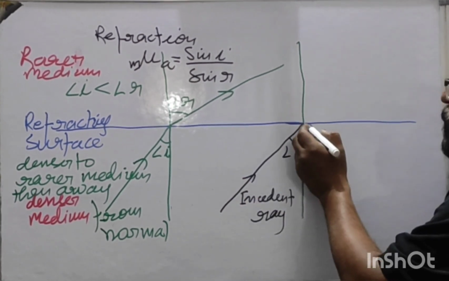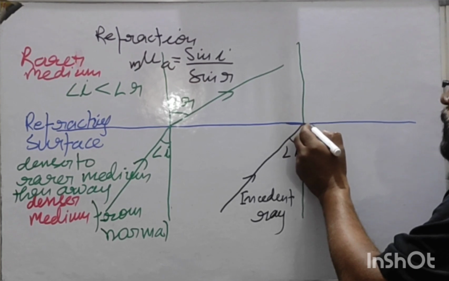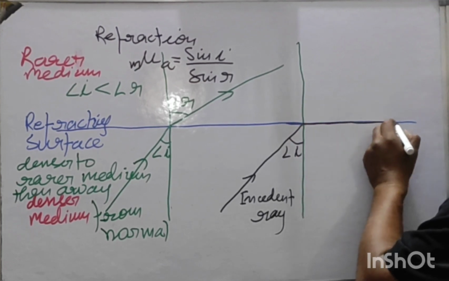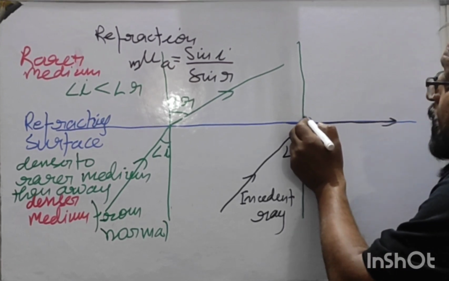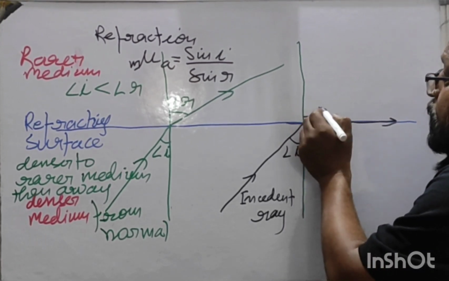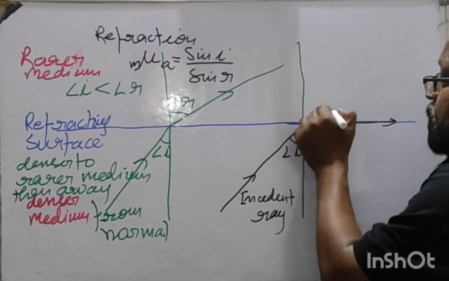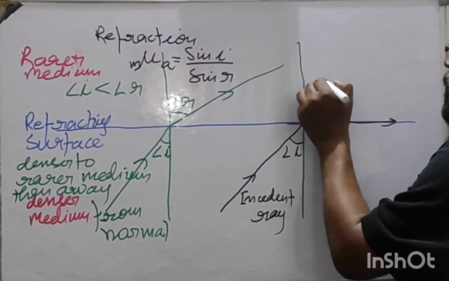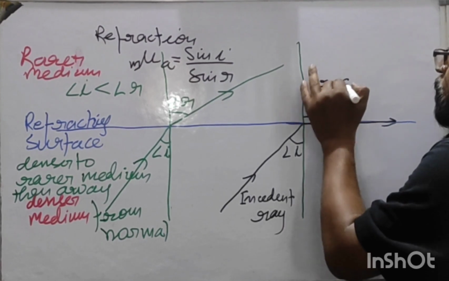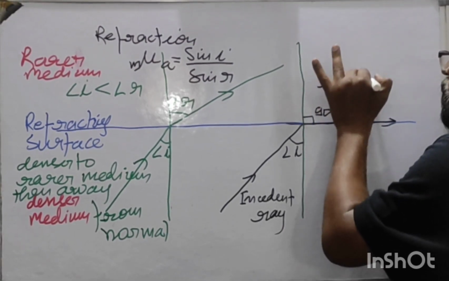So it goes parallel to the surface, coinciding with the surface, and angle of refraction is of 90 degree, right?